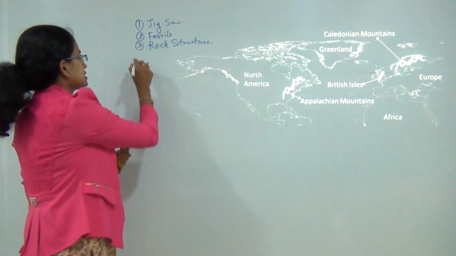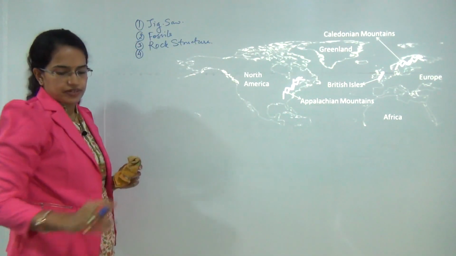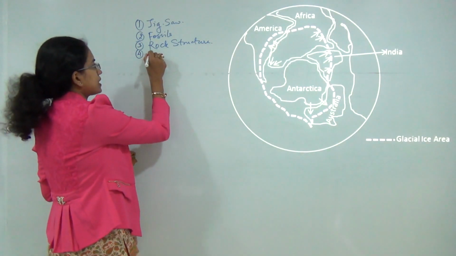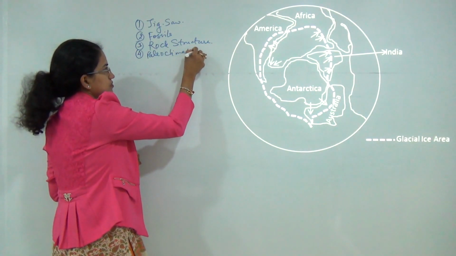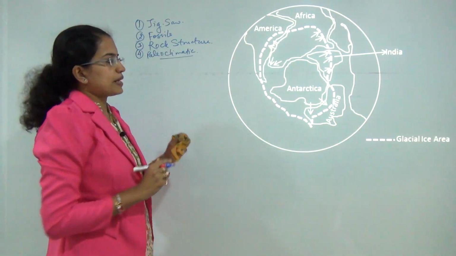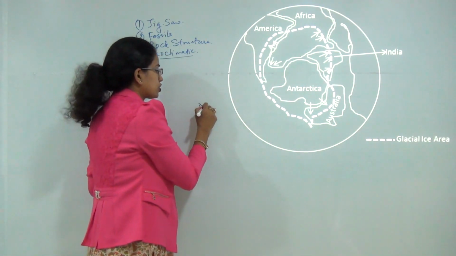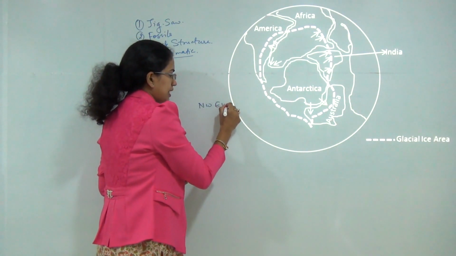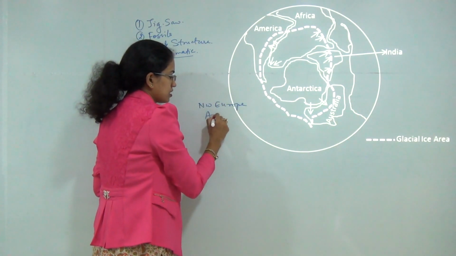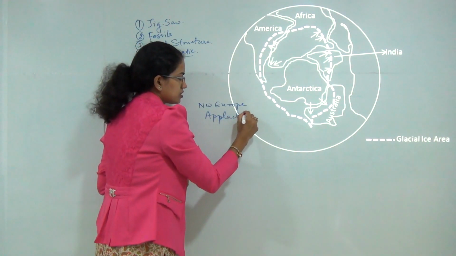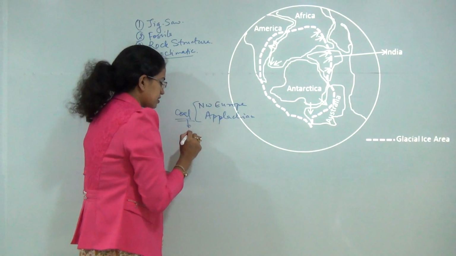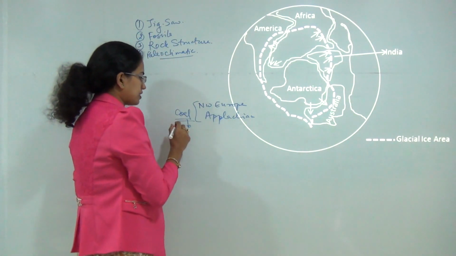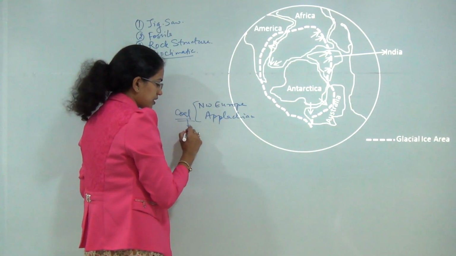The next evidence was the Paleoclimatic Evidence, under which he explained that present-day North Europe and the Appalachians are rich sources of coal. Coal is a compound found in hot, wet equatorial climate.